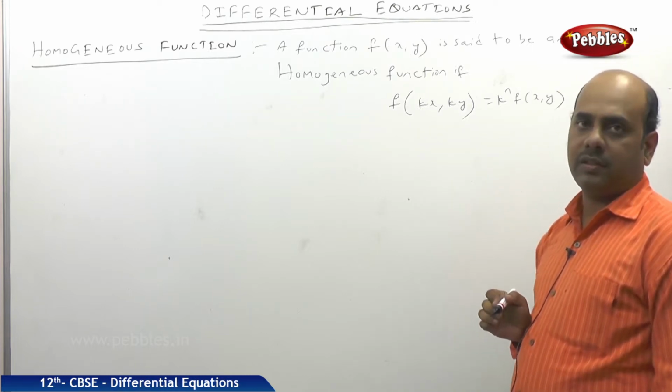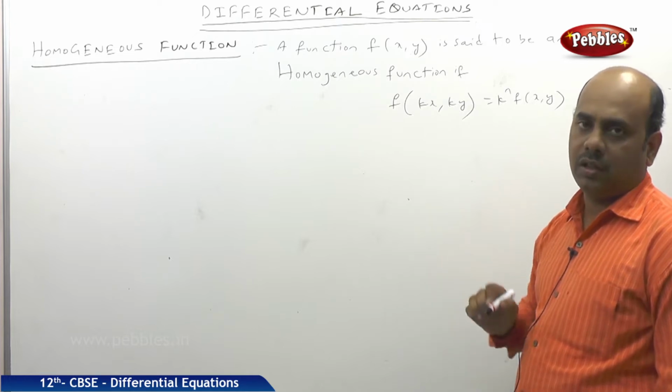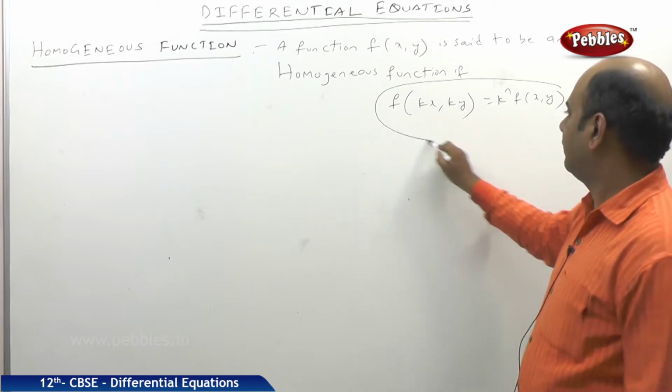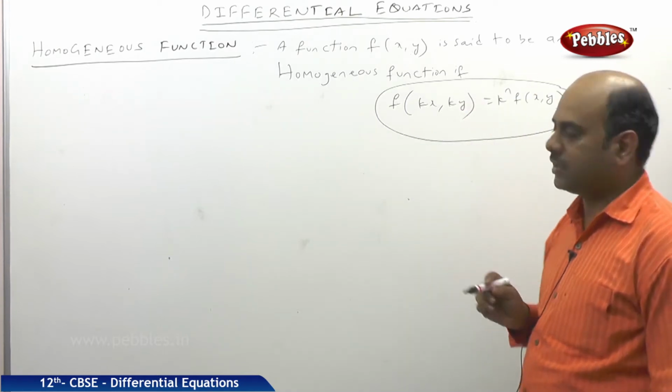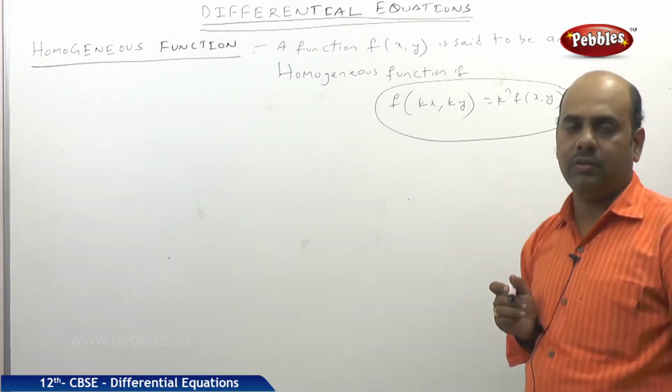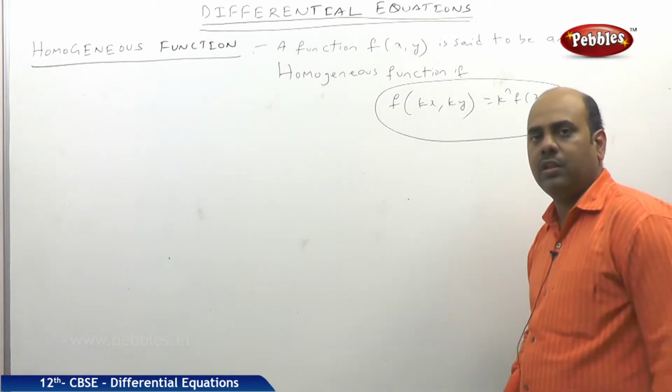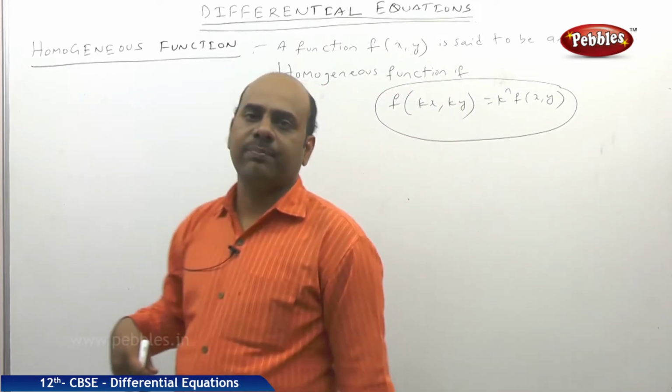That means in place of x, if I substitute kx, and in place of y, if I substitute ky, and I get a final output f(kx, ky) equal to k^n f(x, y), then this kind of function we call a homogeneous function.